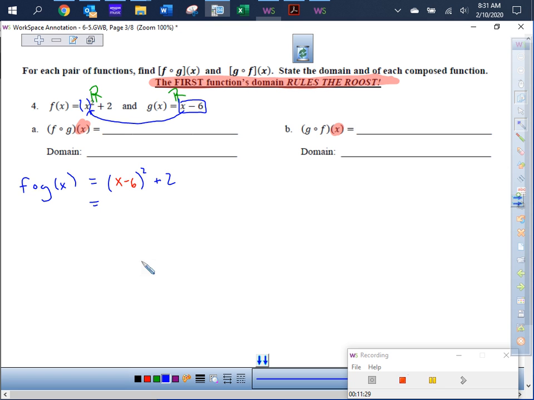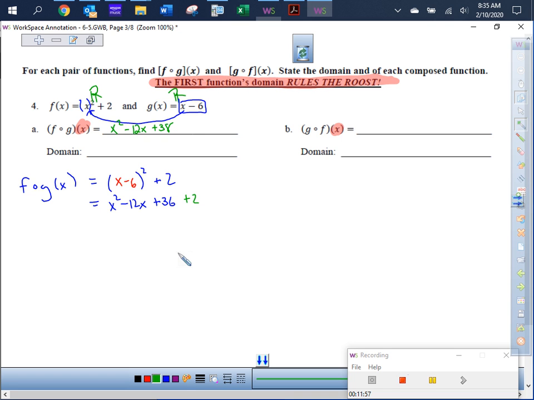Square the last guy. Square the first guy. The product of those is negative 6x, so twice that is negative 12x. Square the last guy. And you still got that plus 2 that was still hanging out. So I can go up and put that final combined answer in my dude here, because I could easily combine 36 and 2 together to be 38.